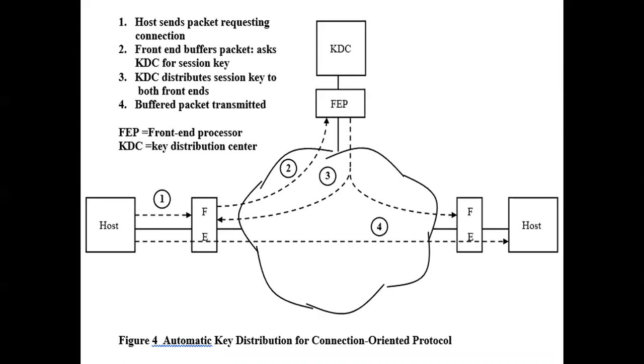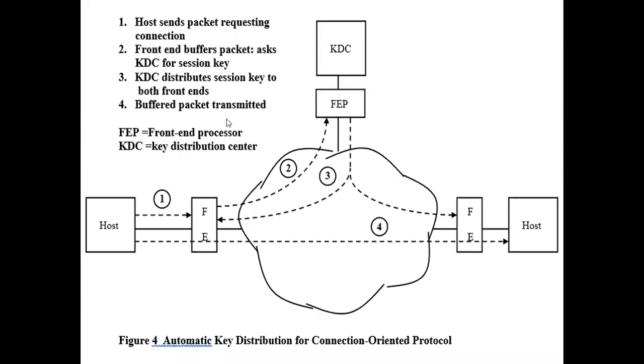For that purpose, the front end, this FE, asks the KDC for a session key. This KDC distributes the session key to both front ends. So to this one and this one. You can see the direction.